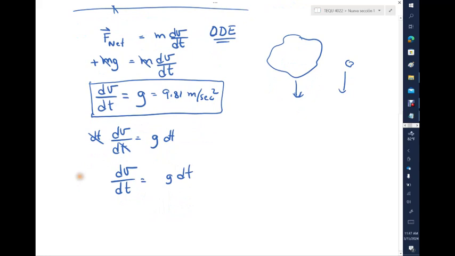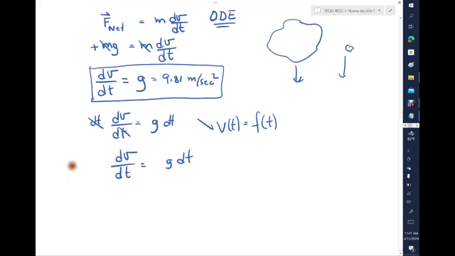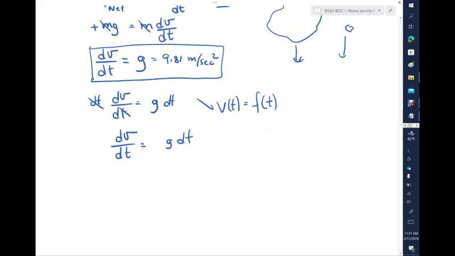We want a function of v as a function of t. In order to get this, you integrate both sides.